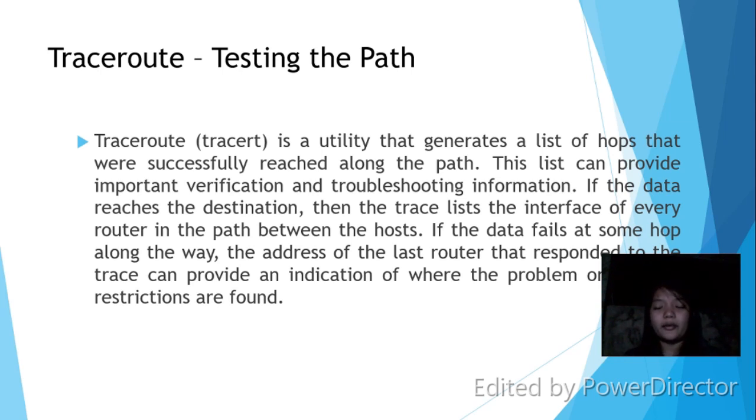If the data fails at some hop along the way, the address of the last router that responded to the trace can provide an indication of where the problem or security restrictions are found. So traceroute is testing the path on how the message is delivered to the destination host.